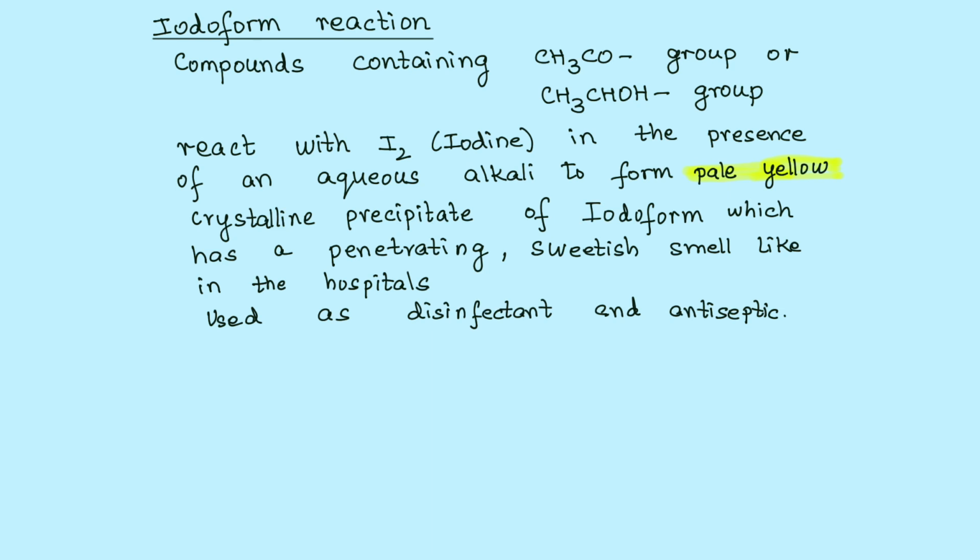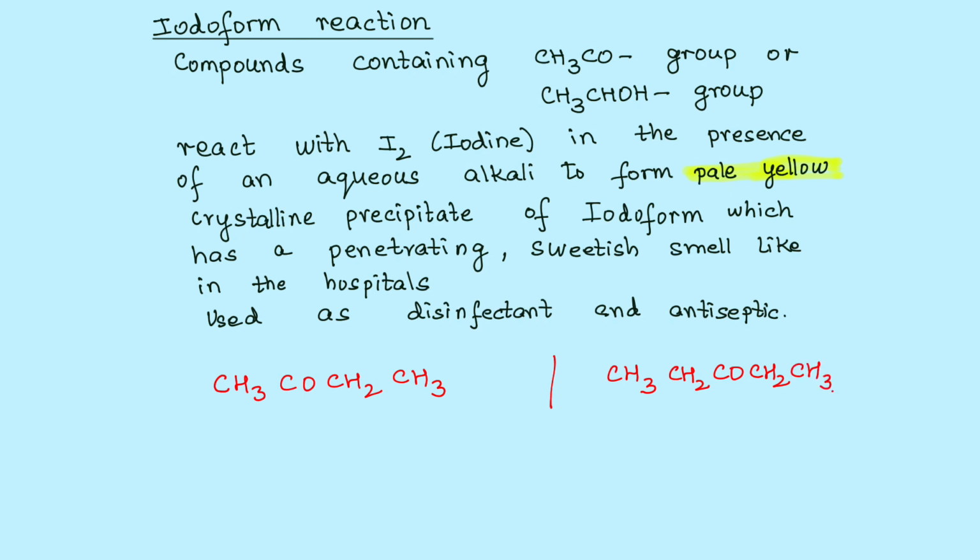Not all alcohols, but of course alcohols having the CH3CHOH group. Should I ask you a question? Can you distinguish between CH3CO, CH2, CH3 and CH3, CH2, CO, CH2, CH3?